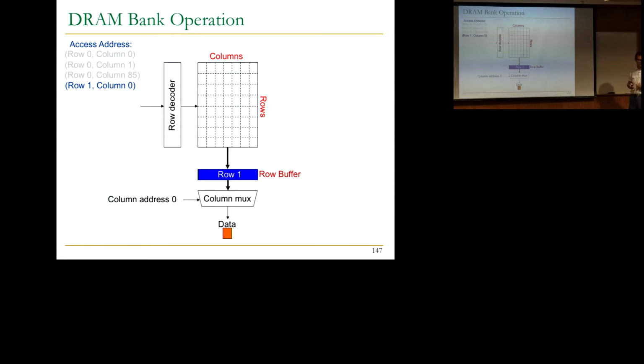Yes? As you said, these buffers function like a cache, and the slide said that you don't pre-charge the row until you clear the buffer, because when you have a conflict. And this buffer, is it DRAM or SRAM? So this buffer, we're going to get back to that.